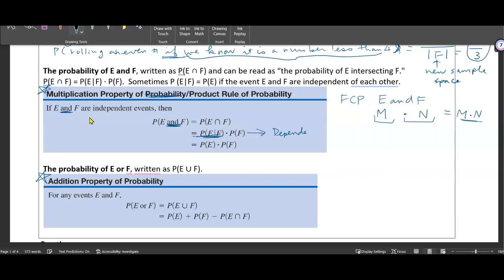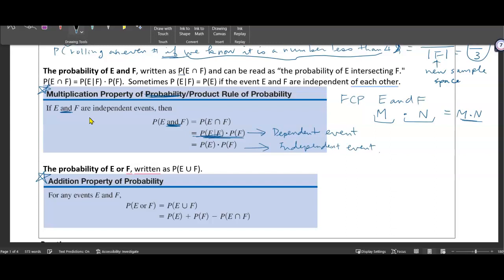The sample space got changed by the first event, so that's a dependent event. This is the formula for the dependent event, and this is the formula for the independent event.